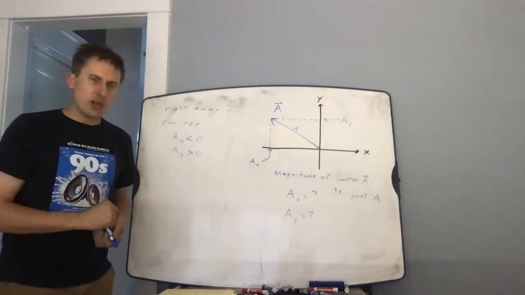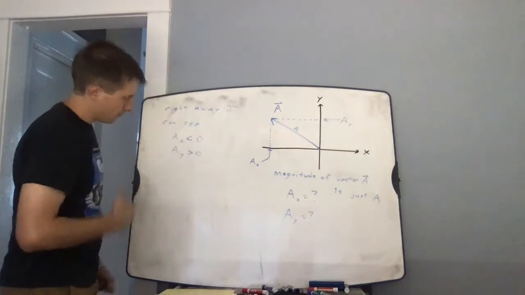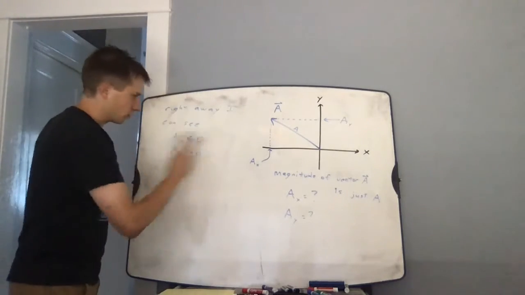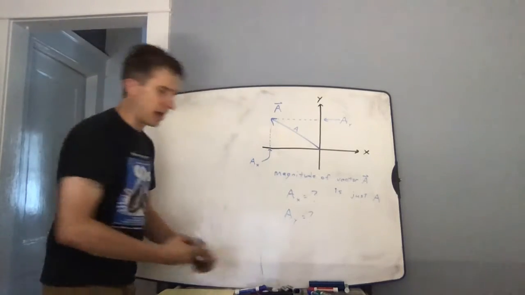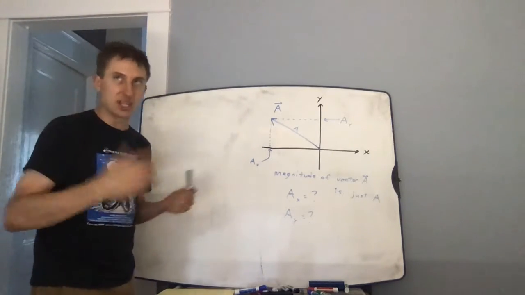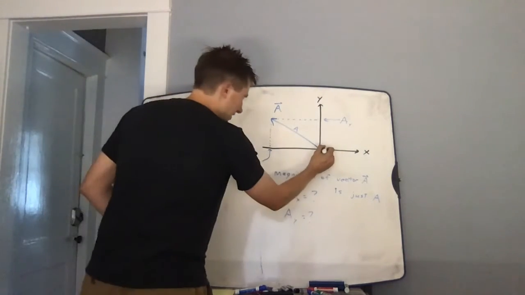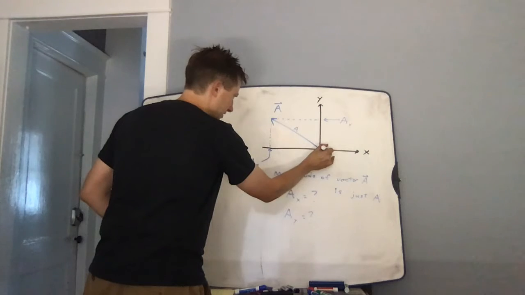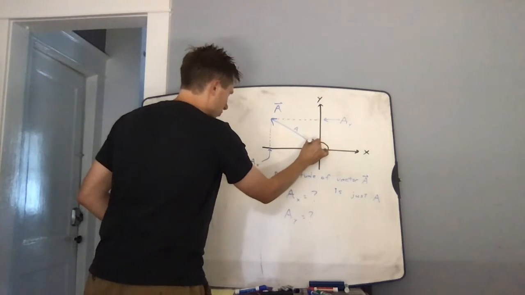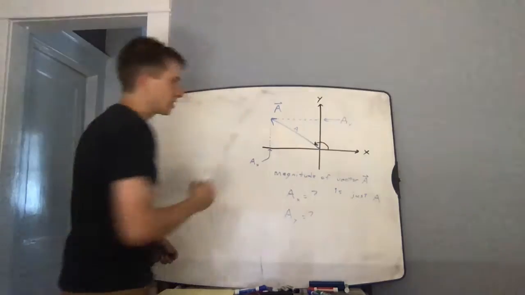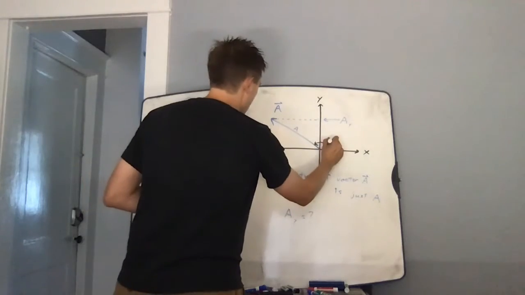So what is one method for actually determining the components AX and AY? I will give you the method first, and then I'll take a moment to justify my claim. Let us say that if I were to begin at the positive x-axis and begin sweeping in a counterclockwise direction until I reach vector A, I'm going to call this angle phi.